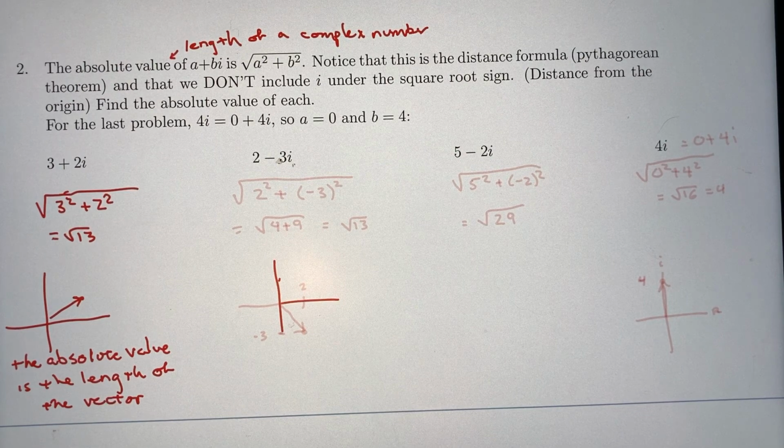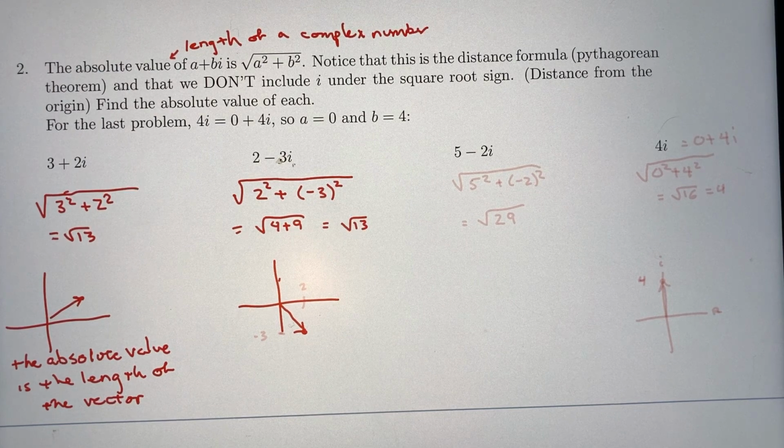And that means, since this is right 2 and down 3, isn't that the same distance away? I mean, it's in a different direction, but it should end up being the same distance. Don't forget, when you're squaring negative numbers, put parentheses around them. Don't put the i in.